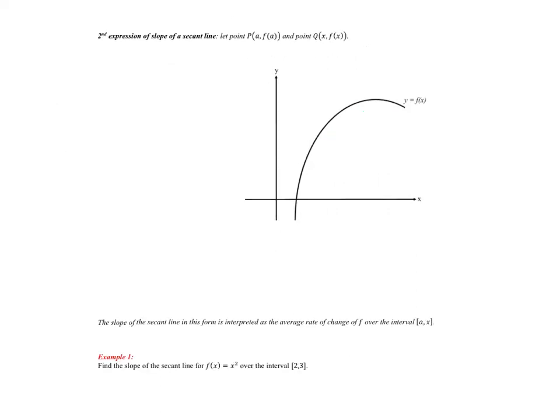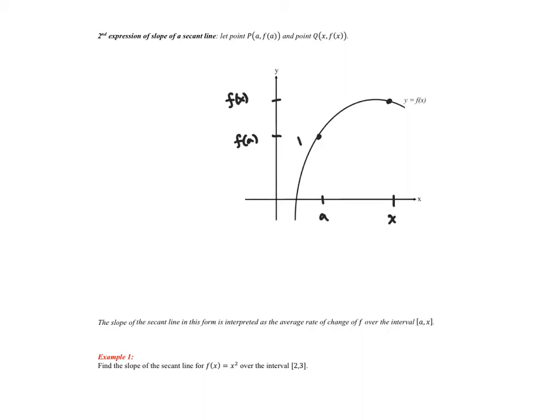Let's look at the second expression. Just a different form, similar concept. We're going to call this point A and f of A. And this would be x, f of x.